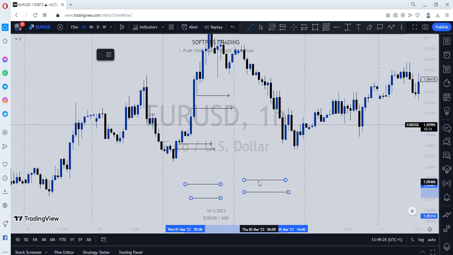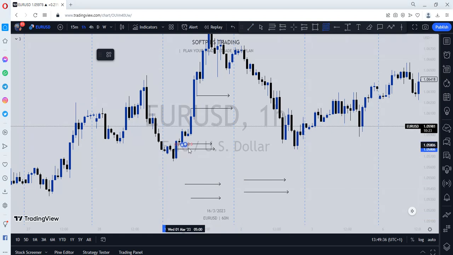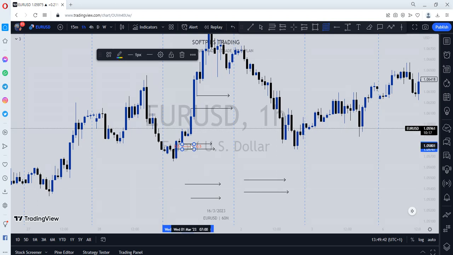So now let's come down to entry. The way you take entry on this is you divide this into two. There are two types of entry you have here. Either you use the tip of this, let me maximize this as well for proper view.